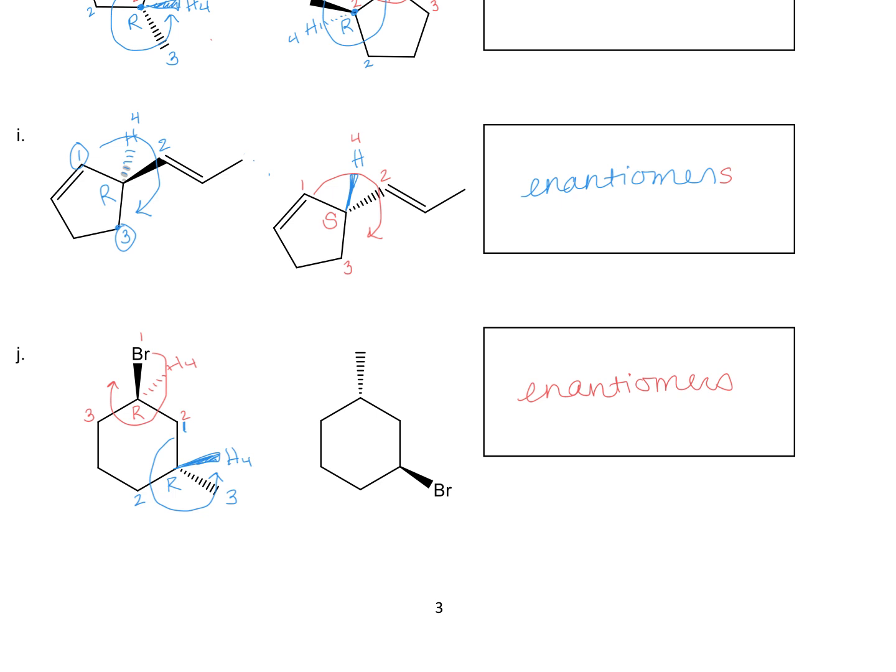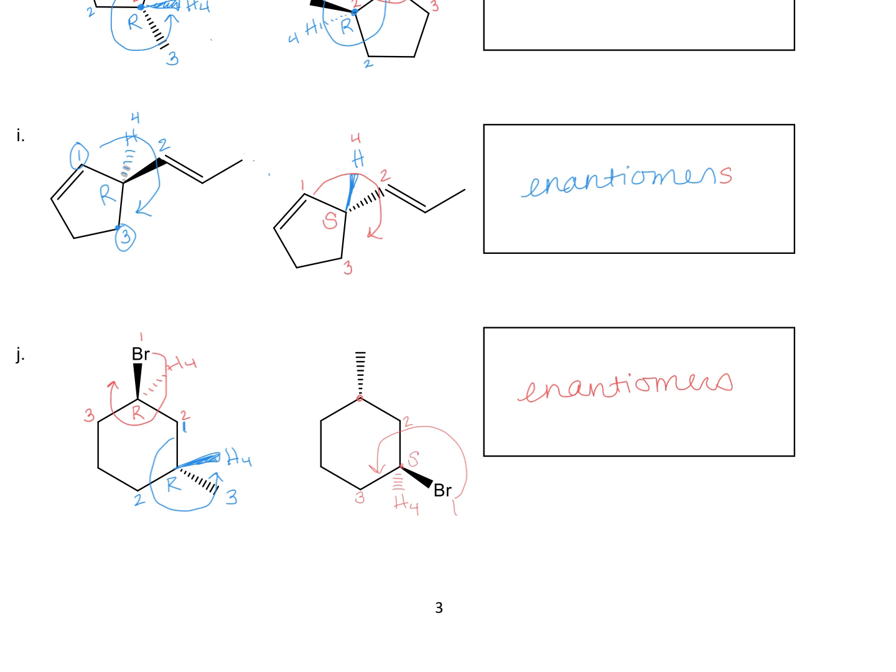And then on the other molecule over here, let's start with the bromine. So bromine is 1, the group in the middle is 2, this is 3, hydrogen's in the back, it's 4. So 1 to 2 to 3, it's going counterclockwise, and the hydrogen's in the back, so it is what it is.